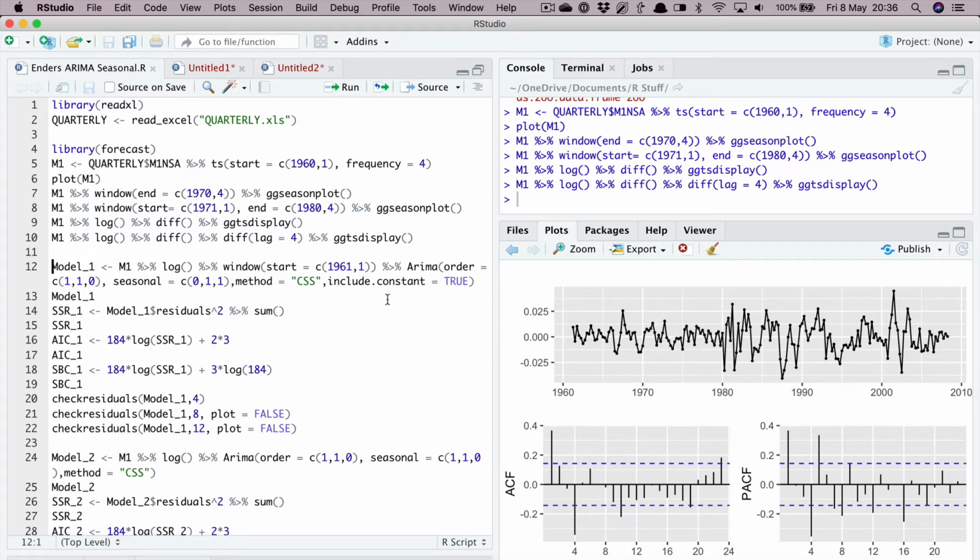In fact, what I found was that including this option, include.constant equals true, made no difference whether you include that or not. The results are the same, and I think that's because, as Enders says in his book, the constant is in fact insignificantly different from 0. So I've included it here, but I didn't bother in the next models.